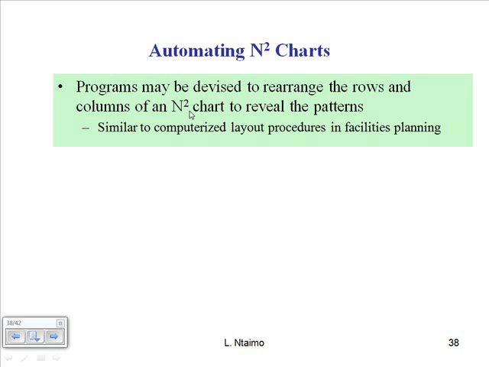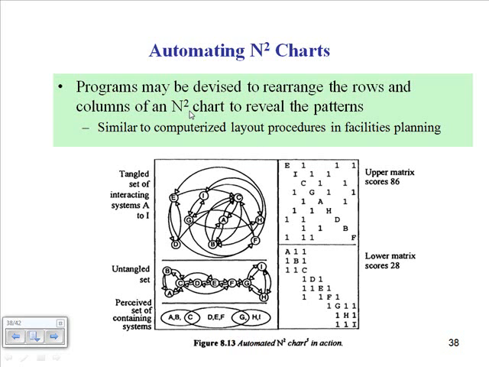So the same idea can be used for creating n-squared charts. Here's an example of an n-squared chart, okay, which is given right here. You can use software to give this a score of the adjacency. How cluttered is this? You can give it a score versus another one.